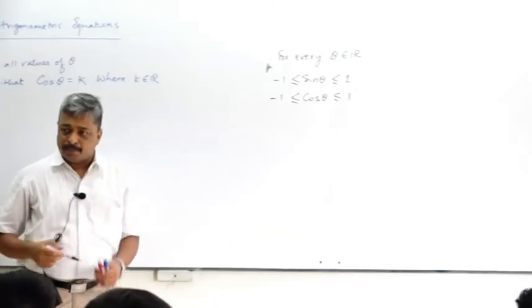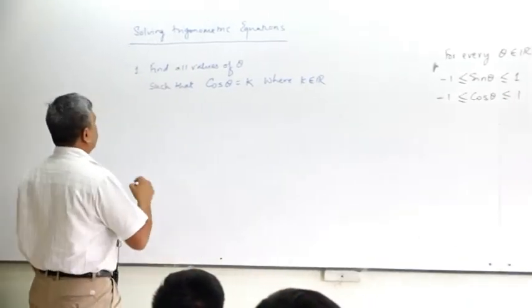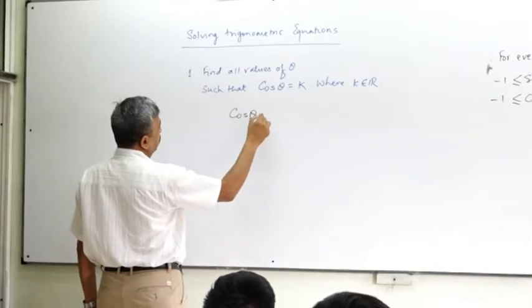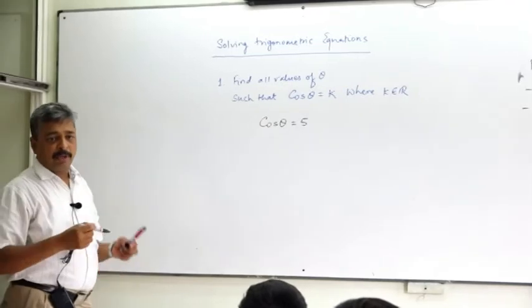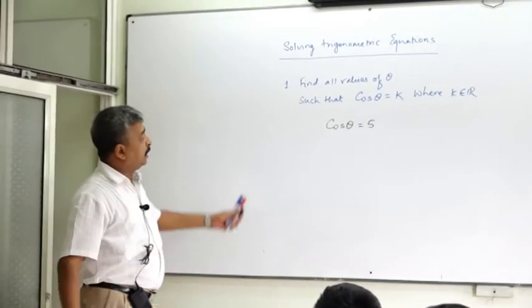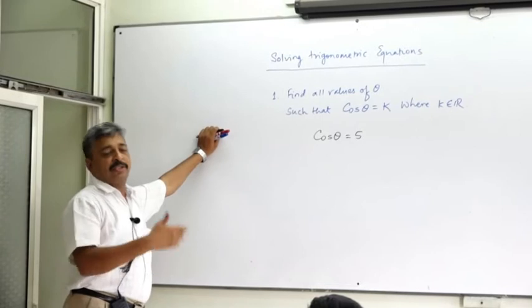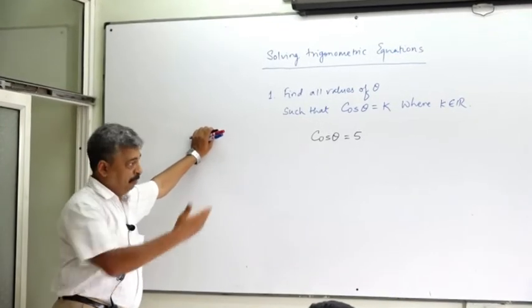So suppose somebody gives you the equation cos theta is equal to 5, solve, then we will not be able to get any value of theta which will give us its cos ratio equal to 5, because cos theta maximum available is 1.